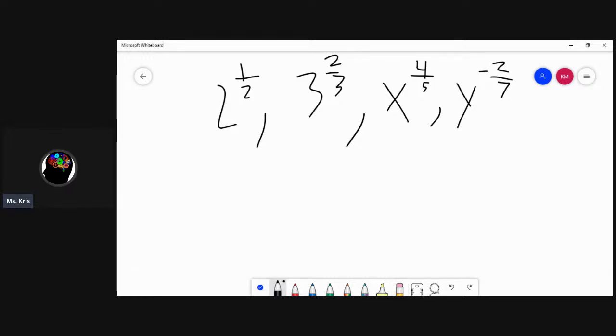So you have y to the negative 2 over 7. You can do this 2 ways.